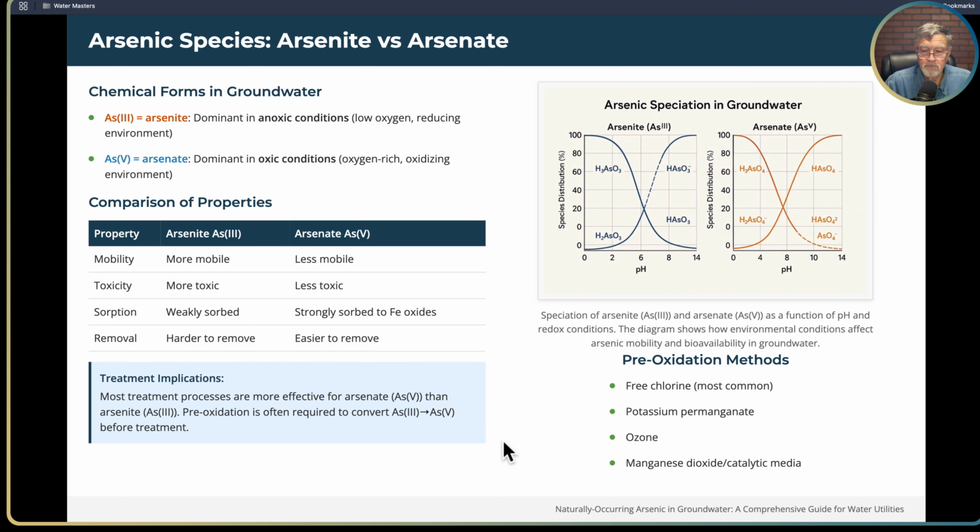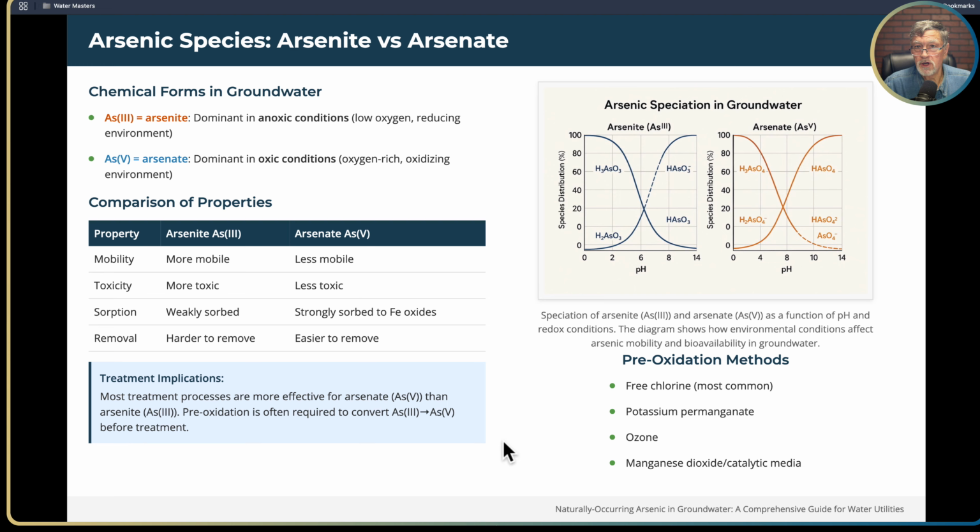But what I want to point you to is below here, the pre-oxidation method. This is converting, in a treatment process, arsenic 3 to arsenic 5 for easier removal. Generally, we're going to do some pre-oxidation to change the state of that arsenic from arsenic 3 to arsenic 5.